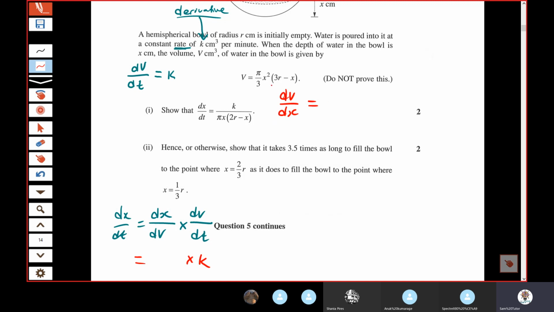All right, so to get dv on dx, it's either product rule or you would have expanded it first. What did you guys do? Product rule, u v, okay, u dash v plus v dash u.